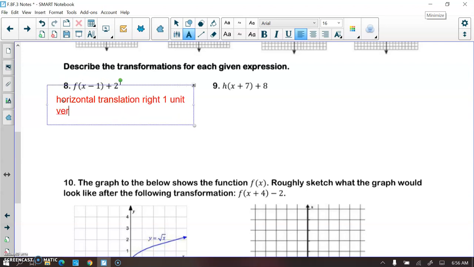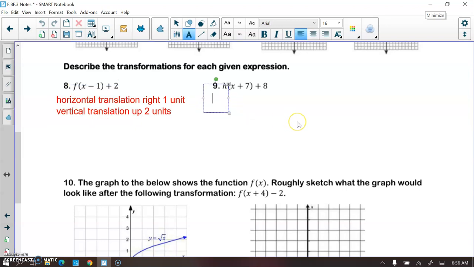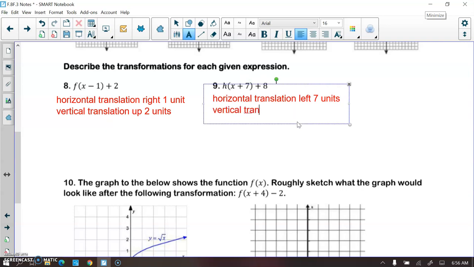Since there's a +2 on the outside, that's a vertical translation up 2 units. For number 9, since there's a +7 on the inside, that's a horizontal translation to the left 7 units. And since there's a +8 on the outside, that's a vertical translation up 8 units.